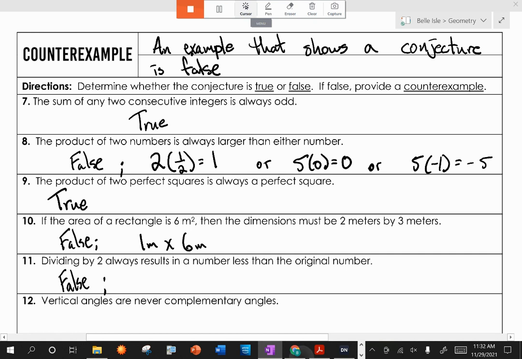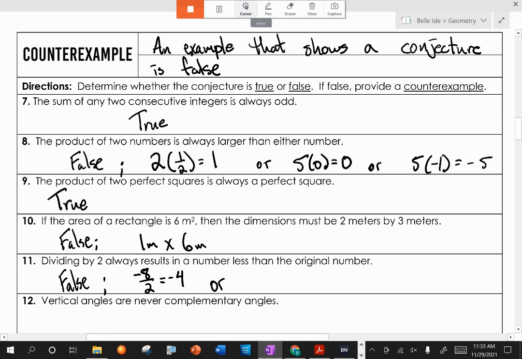Mr. Bennett, we should not have our mask under our nose. Who said that? London. Everyone points at London.